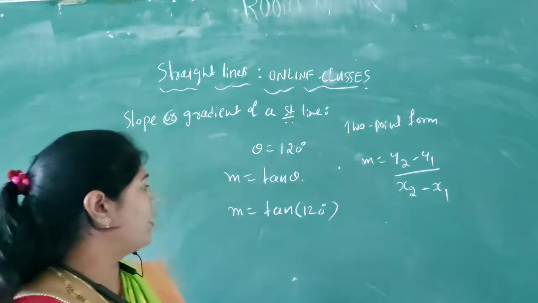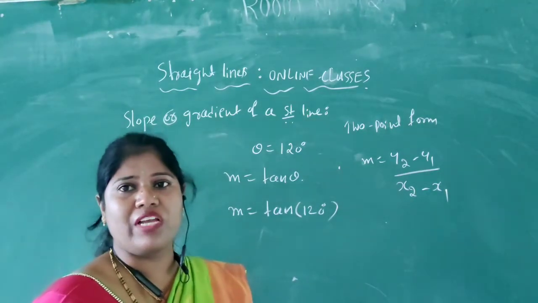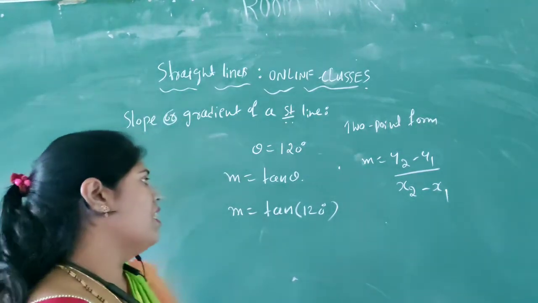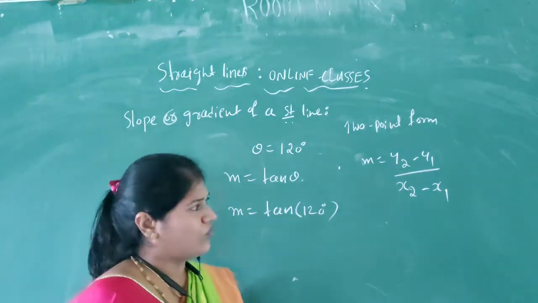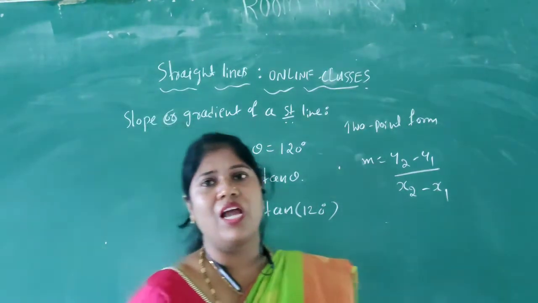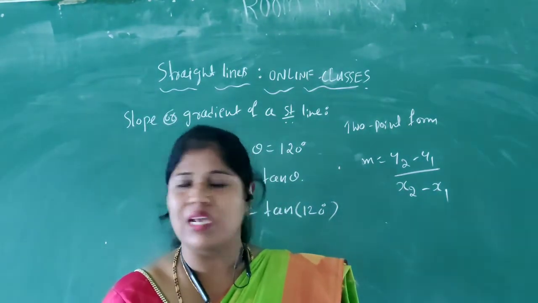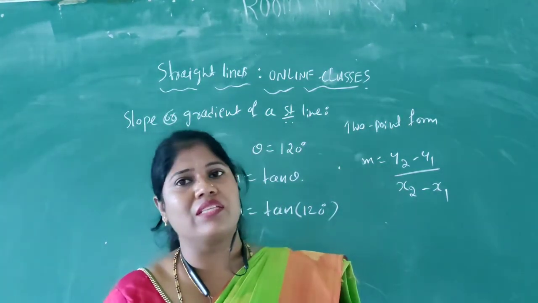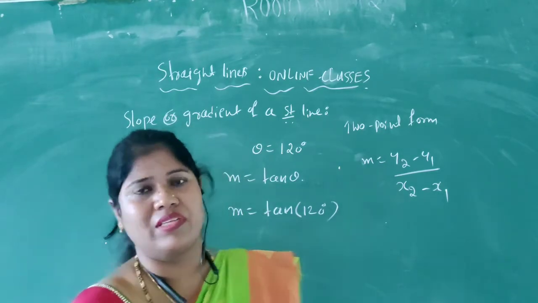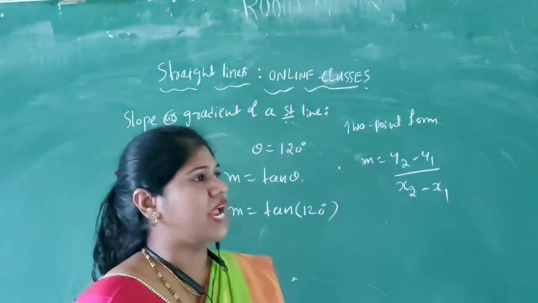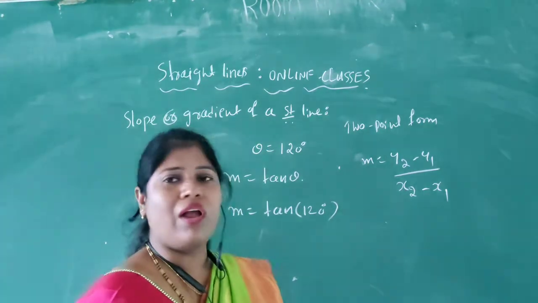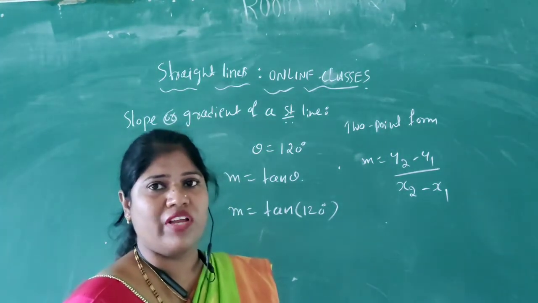We have to use the trigonometric functions of standard angles, that is, 90 degrees plus or minus theta, 180 degrees plus or minus theta, 270 degrees plus or minus theta, as well as 360 degrees plus or minus theta, which we have already learnt in trigonometric functions.